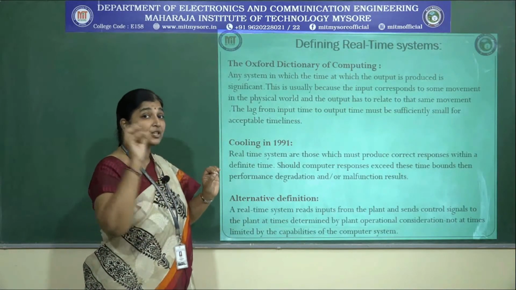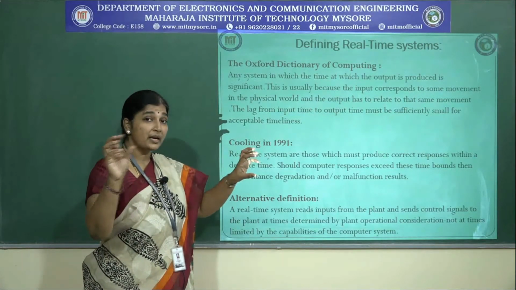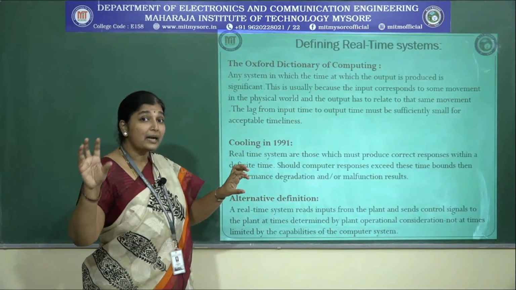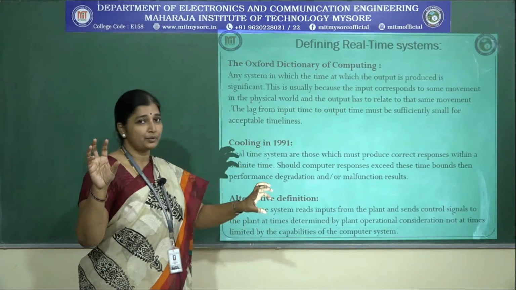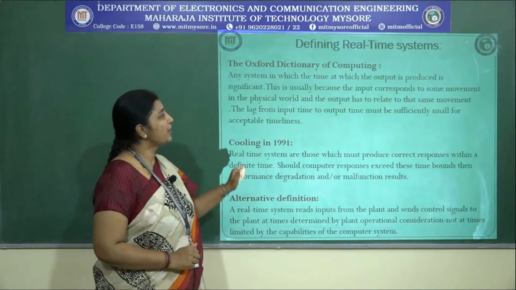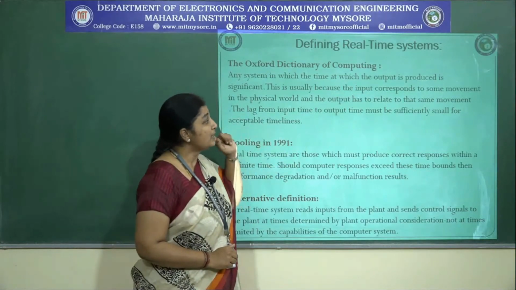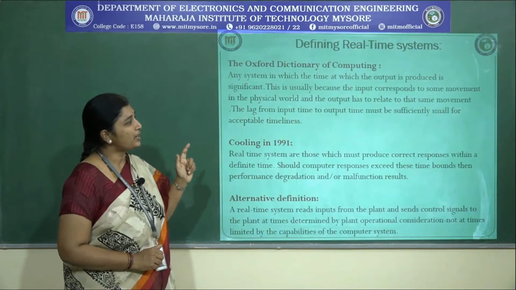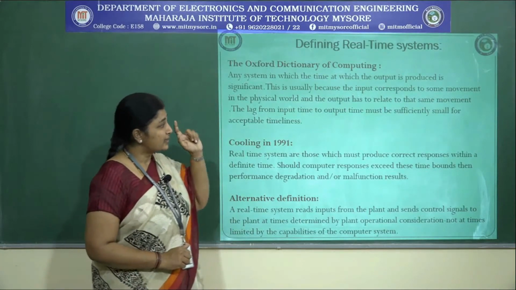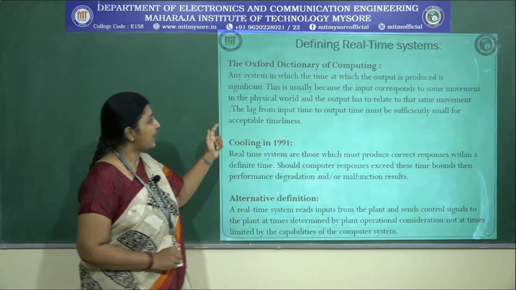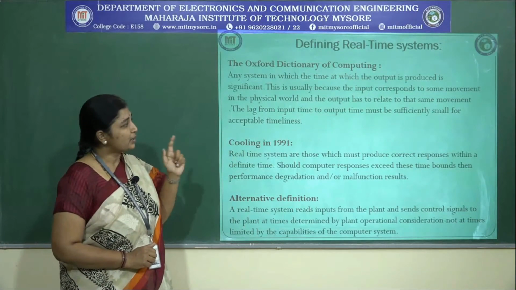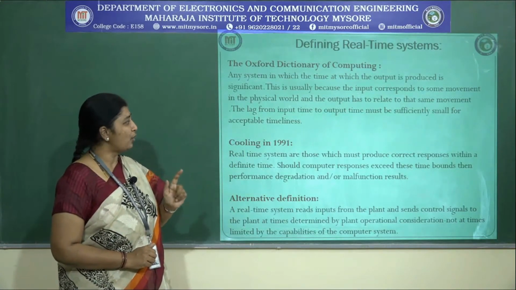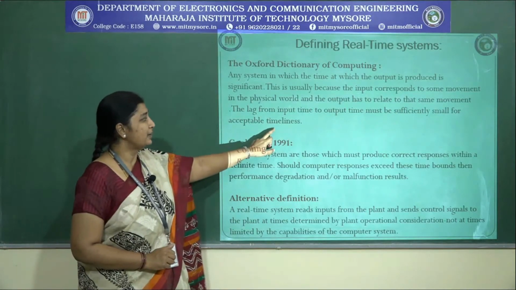Whatever input is there, the corresponding output time becomes significant for that input. And this is usually because the input corresponds to some movement in the physical world and the output has to relate to that same movement.